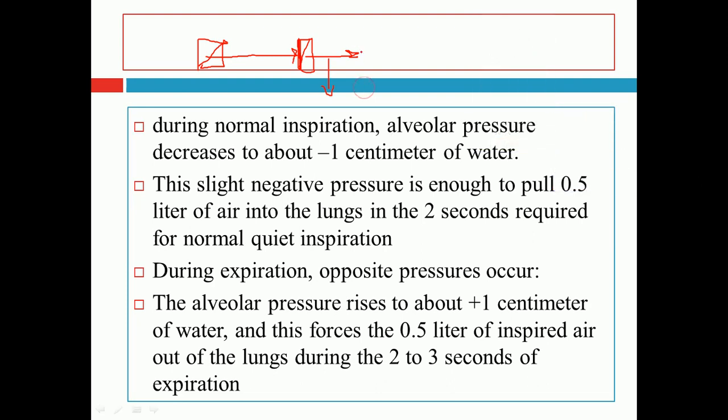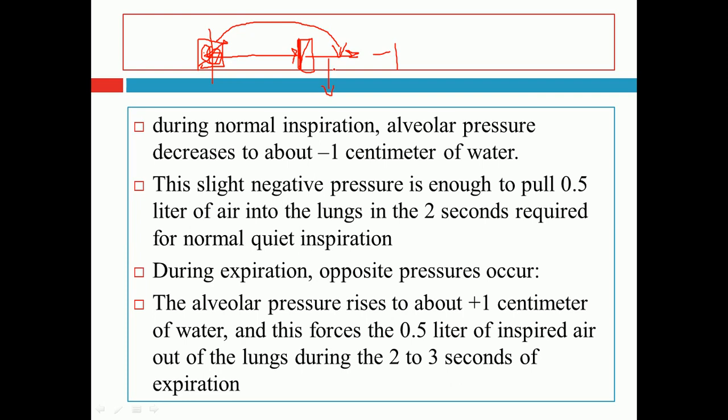So simply, there is room for more air to enter from here, that becomes negative, and this allows room for more air to enter from this segment to this segment, right? Now this has a certain amount of air. Once the air moves from here to here, this will fill in and there will be lesser air.